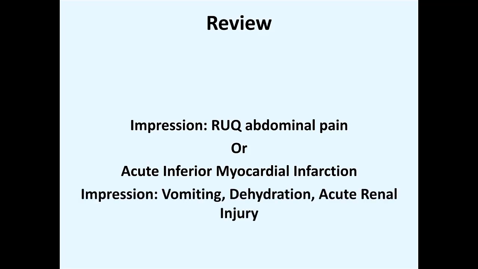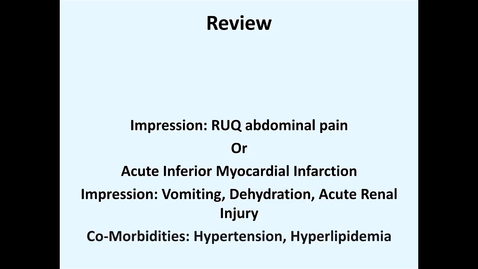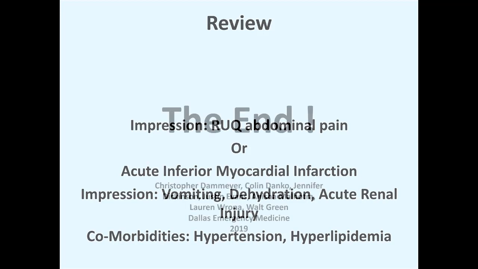But when there are symptoms that may not be typically associated with a diagnosis, you should include those. So, with a patient who presents with vomiting and also has dehydration with acute renal injury, list those too. And don't forget the comorbidities. Adding these indicates complexity in your care and decision making and helps document your higher levels of risk and care.